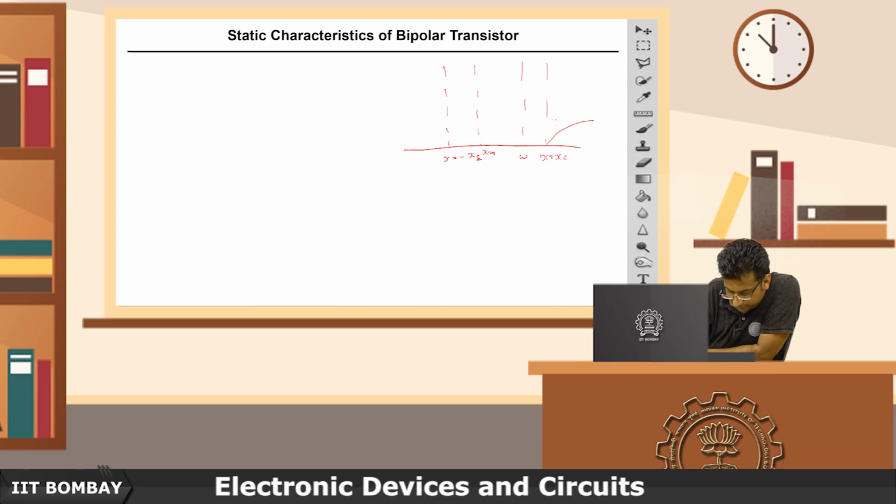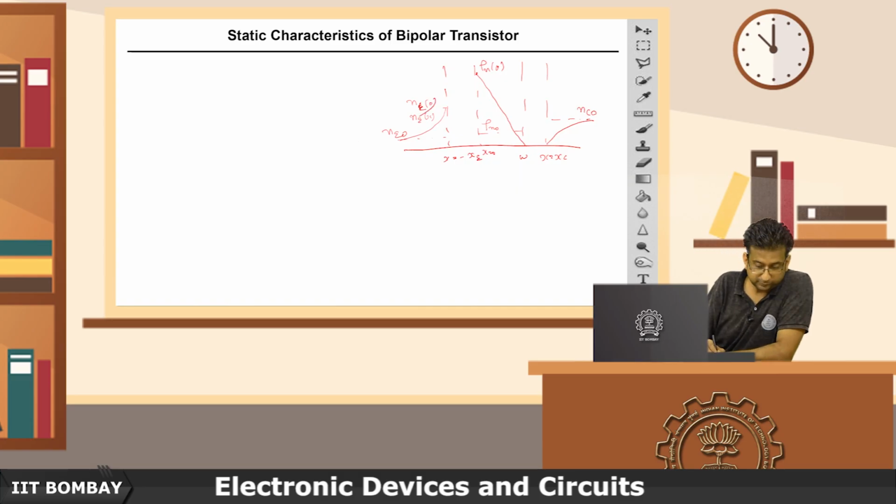The profile here looks like this. We just discussed that. The equilibrium concentration here is Pn0, it becomes 0 here, and this is Pn0, and here again it is Ne0, NEX, and this is Ne0.